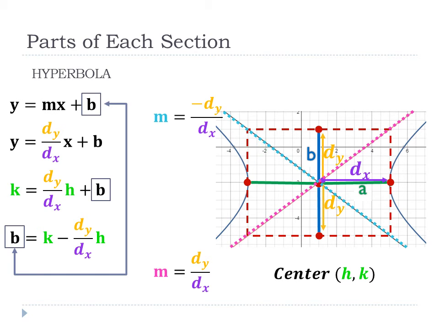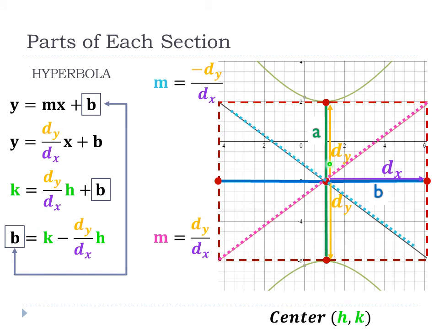So, if we look here, the distance I travel in y is equal to b. Okay? So basically what I'm saying is that from the center to this point, we're going up, I'm traveling b. And when I'm going to the right, I'm traveling a. Okay? So now let's compare that to a vertical hyperbola.